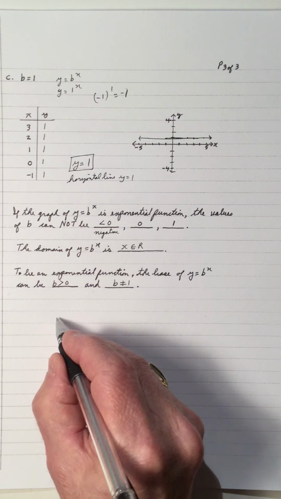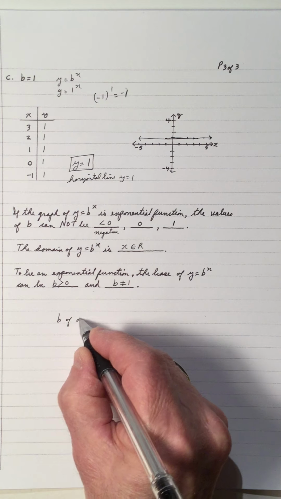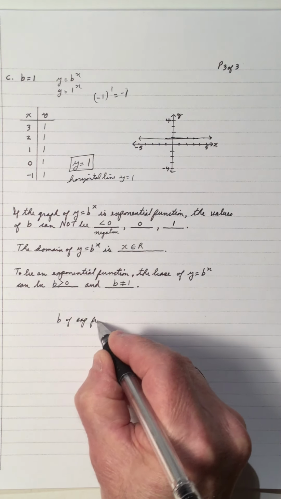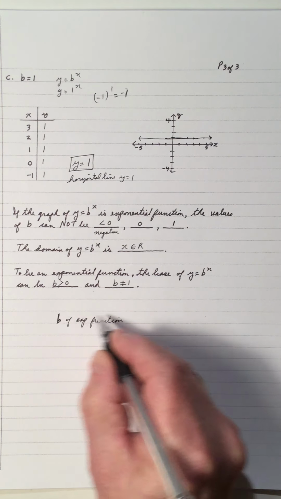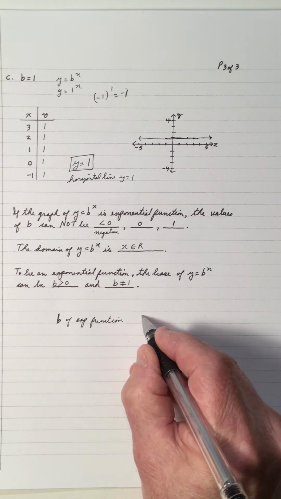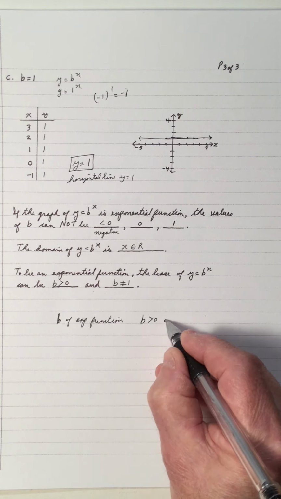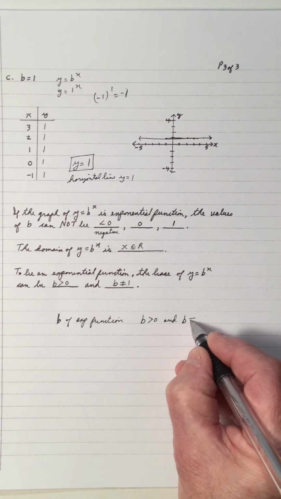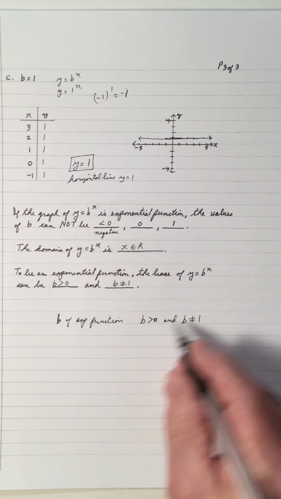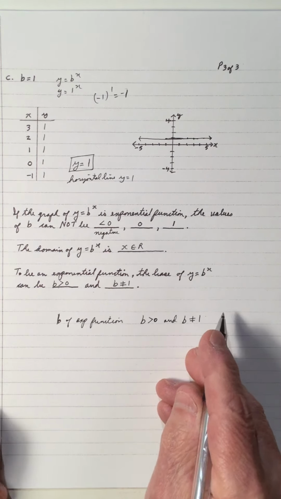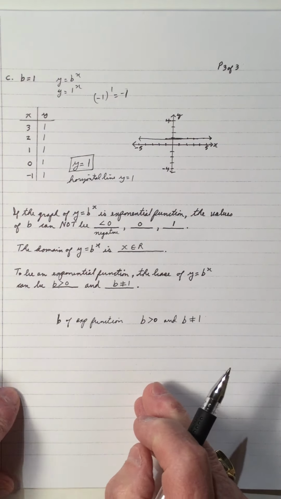So the base b of an exponential function, I repeat, what is it? b is greater than 0 and b is not equal to 1. Extremely important to know what the base of an exponential function is. b has to be greater than 0, not equal to 0, and it can't be 1.